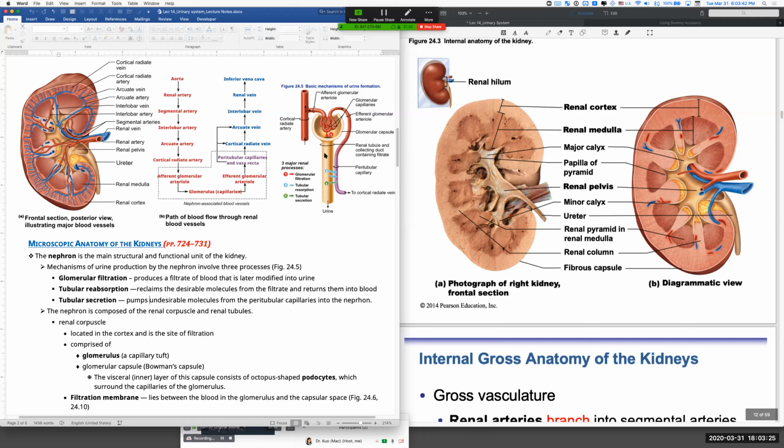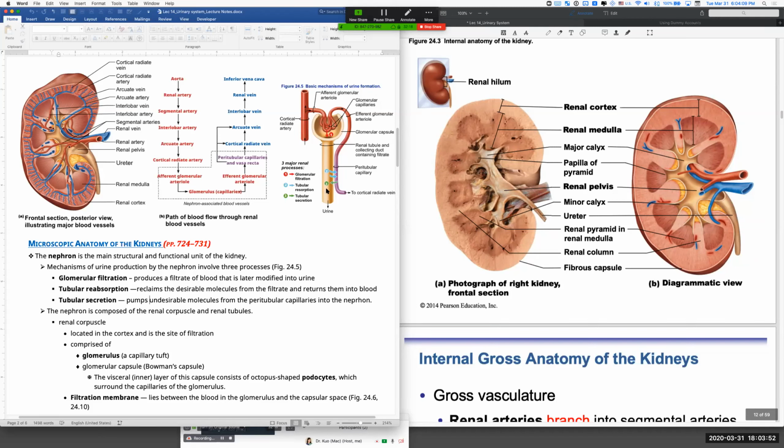But on the way there, the content of this filtrate is still being modified extensively. It may undergo tubular reabsorption, meaning the contents get reabsorbed. And some contents can, even by the time it gets into the peritubular capillary, still have a chance of being excreted or secreted out of your blood into the renal tubule.